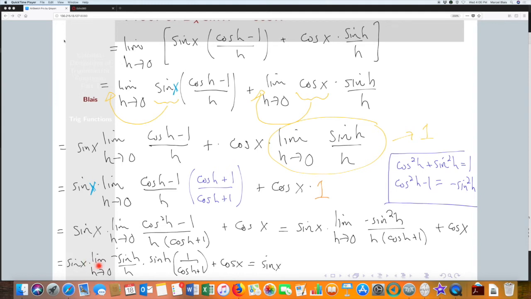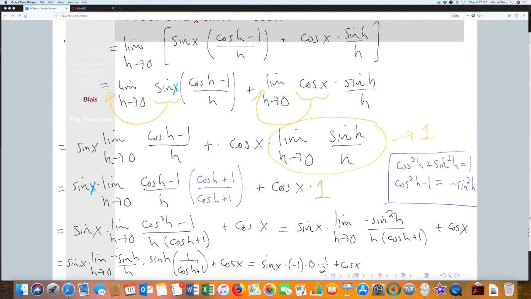And we can use our limit laws to argue that the limit of this product is the product of the limits. We know that sine of h over h goes to 1 as h goes to 0. So with the negative sign here, this expression will go to minus 1. Sine of h as h goes to 0 approaches 0. And because as h goes to 0, cosine of h goes to 1, this approaches a half. So this is sine of x times minus 1 times 0 times a half plus cosine of x.